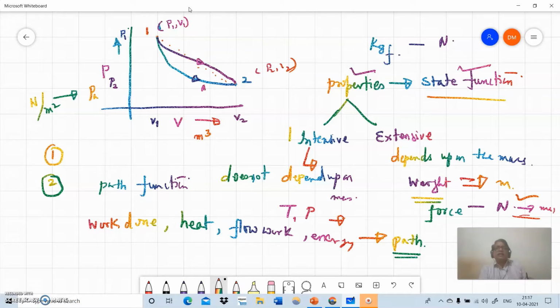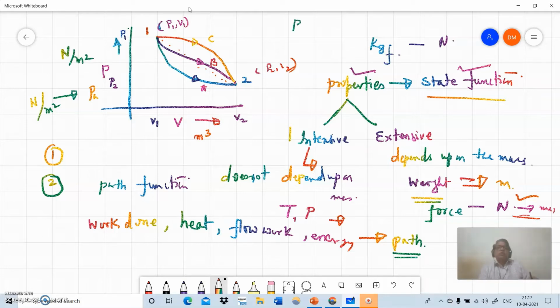This is path A, let us say, and this is path B. And let us say this is path C. Now, the area under the curve, before going for work done, etc. The area under the curve in the PV diagram. P is Newton per meter square and volume is in meter cube.